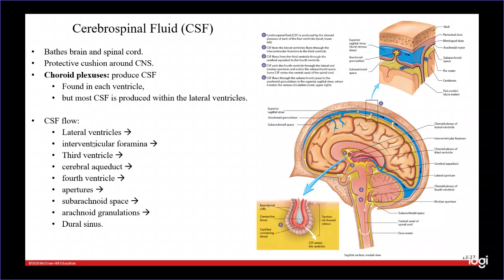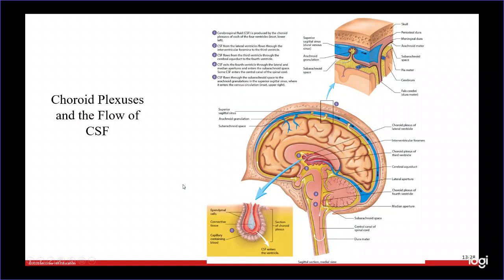Now here, this gives you a nice little layout of the direction the CSF actually flows. I'm going to move off of this slide because the next one is a big picture of how the fluid flows. Now, you didn't really get to see this in lab, and you will realize why it's more important here in just a few slides as we get closer to the end of the lecture.